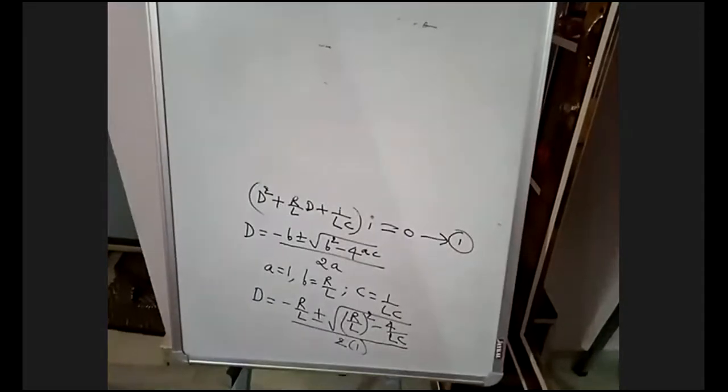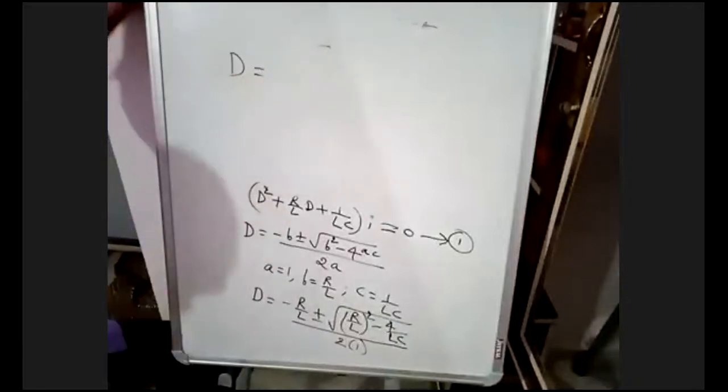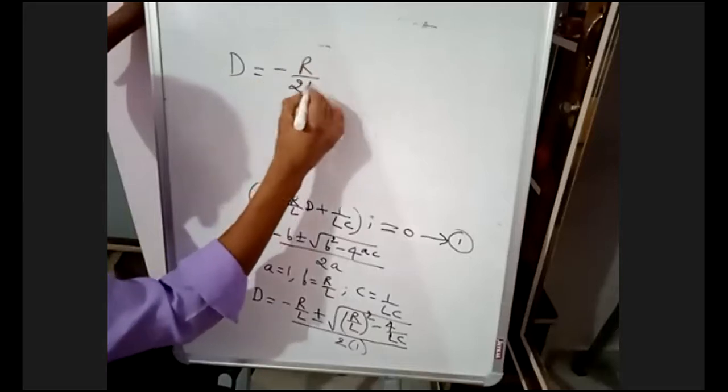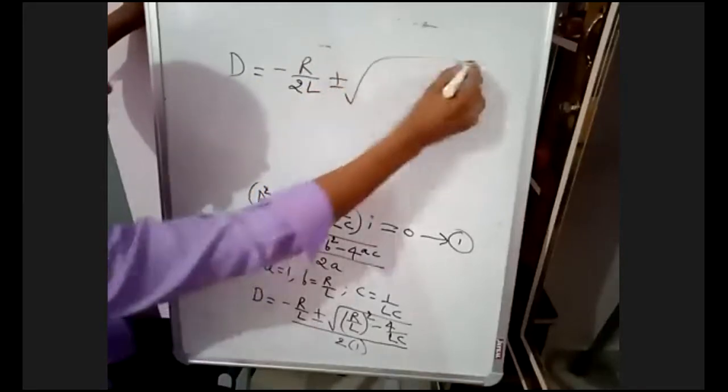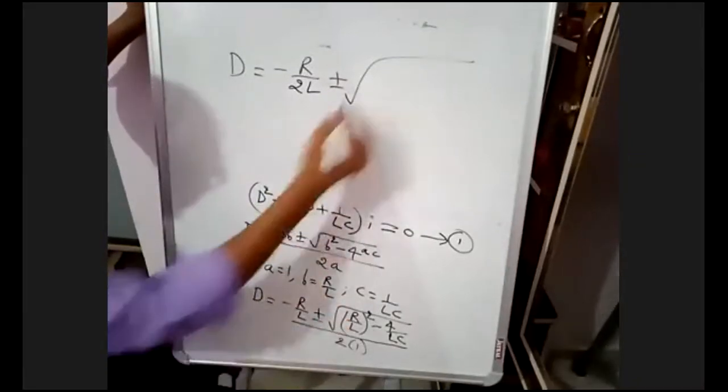Now see here, bring this to here. D is equal to minus R by 2L plus or minus. If this 2 comes inside the square root, what will it become?